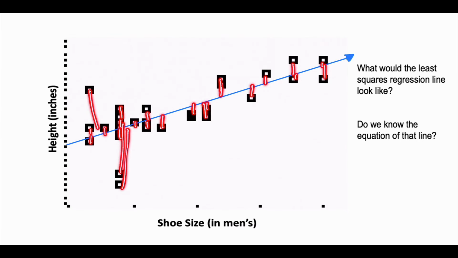Some are close, some are far. And it says which blue line would be the best in terms of limiting the amount of errors. Errors are these red segments I'm drawing, they're what we call errors.